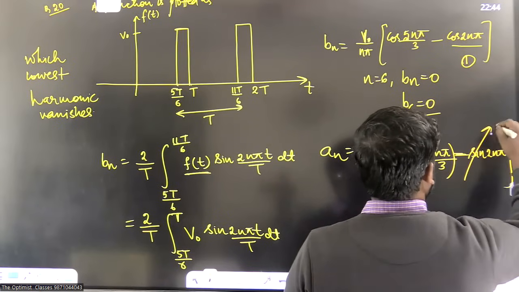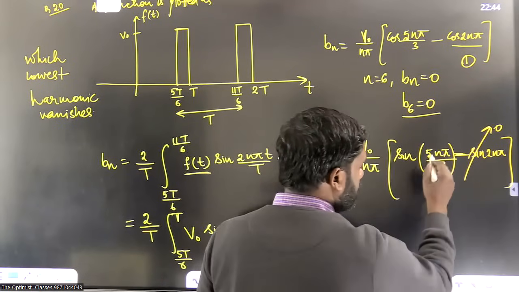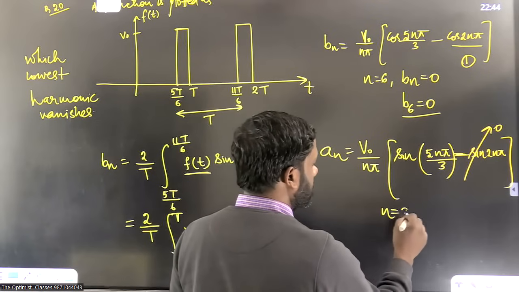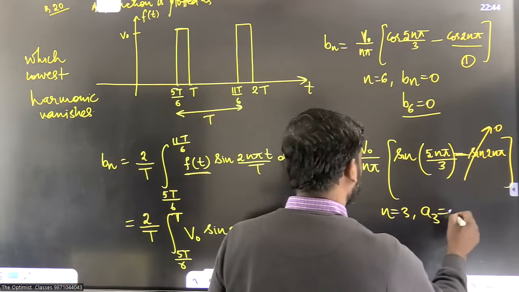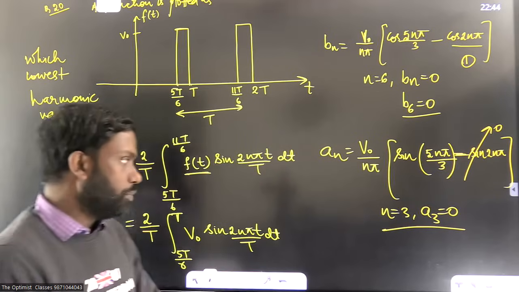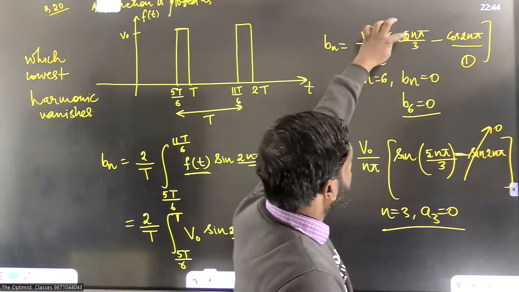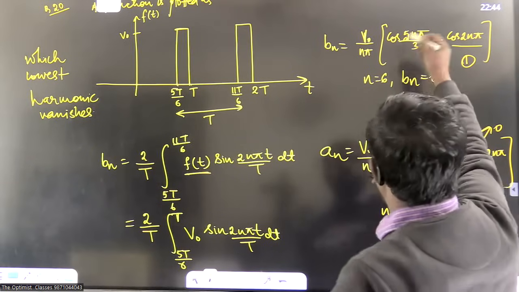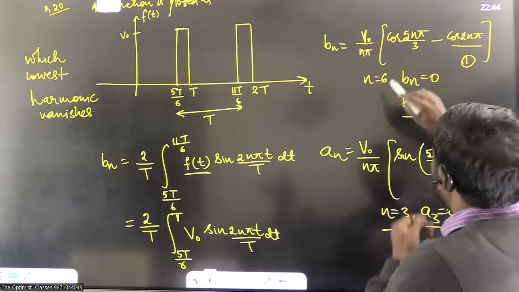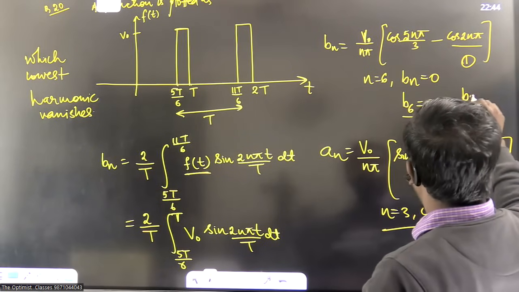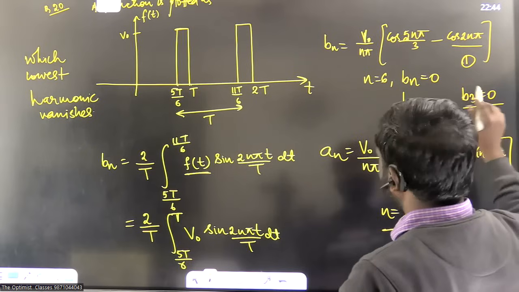This term is actually 0, and if you put n equal to 3, you get a3 equal to 0. So a3 is 0, but b3 is not 0. If you put 3 here, cos 5 pi is -1 actually. So b3 is not 0, so the third harmonic will still be present.